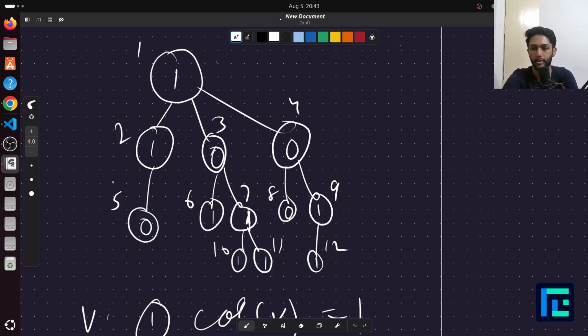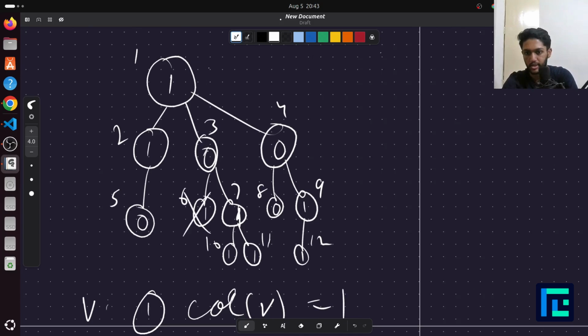If there are multiple deletable nodes, like these 3 vertices, then you will delete the smallest number. So out of 6, 7 and 9, the smallest one is 6. So you delete that. You have to print in what order you have deleted those vertices.